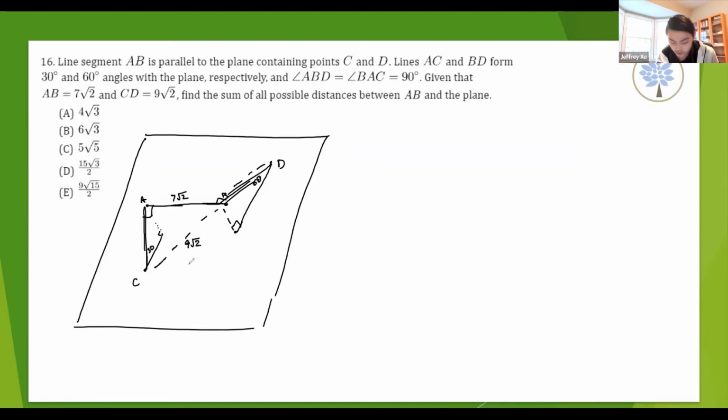So first of all, what we can do is drop the perpendicular from C to D. I'm just going to make this a straight line. And we know that this has to be a right triangle. And if we let this point be H, then CH is also going to be equal to 7 root 2 because the lines are parallel.